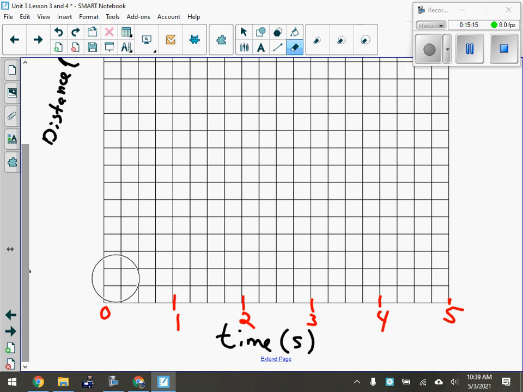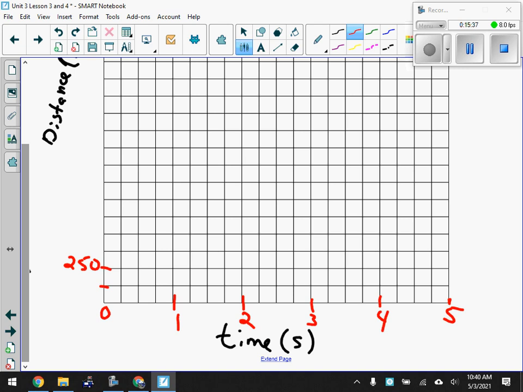Now, can you label every square? Sure you can. The numbers are going to get kind of tiny in this case. Do we need to label every square? Probably not. You can kind of look at the data and see if it makes sense or not. But look, I could say this is 125. This would be what? 250, yes?